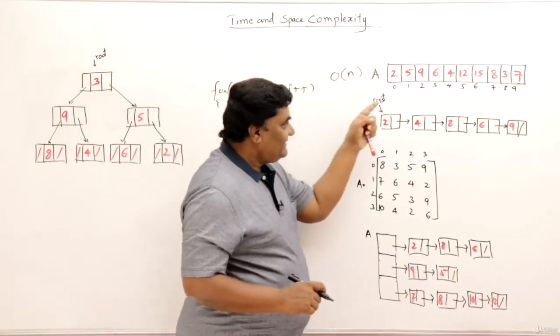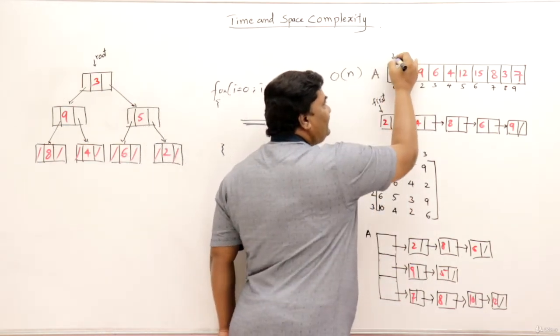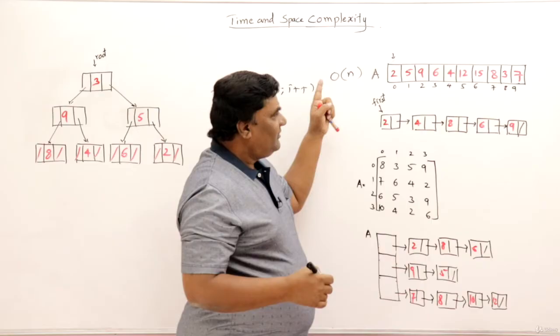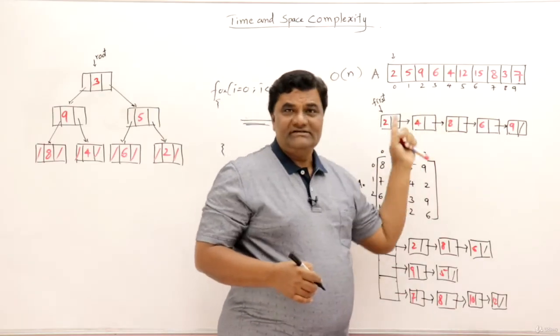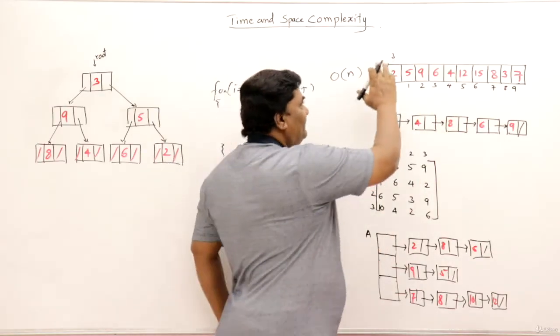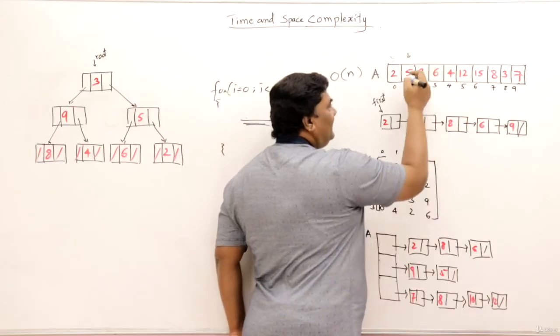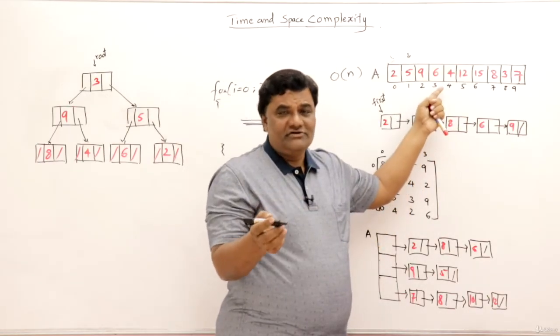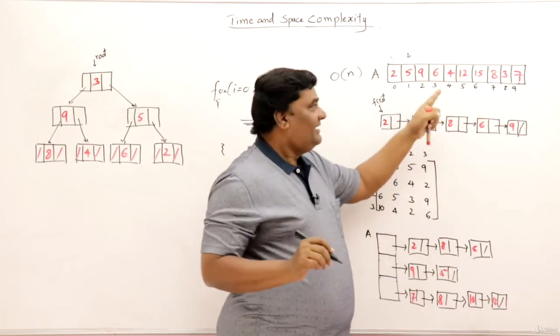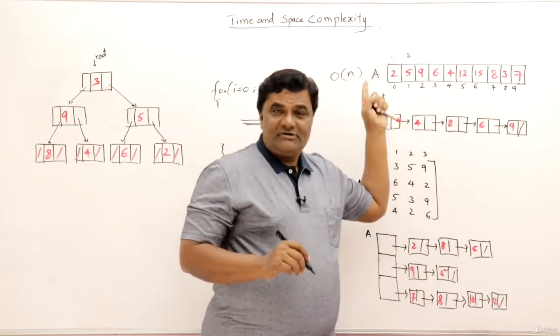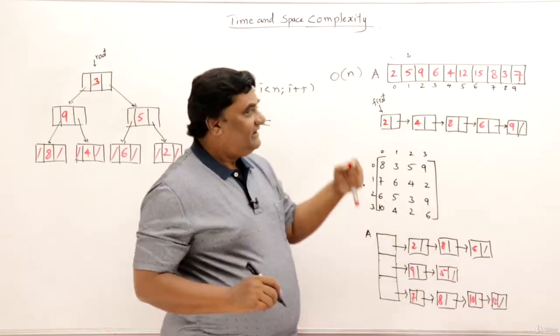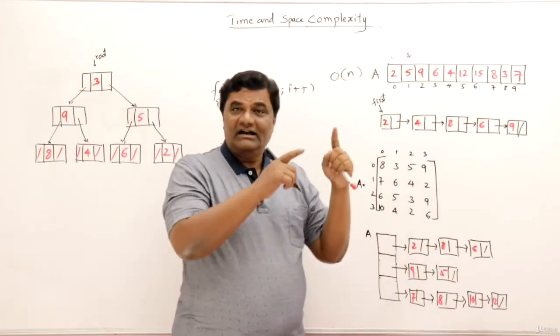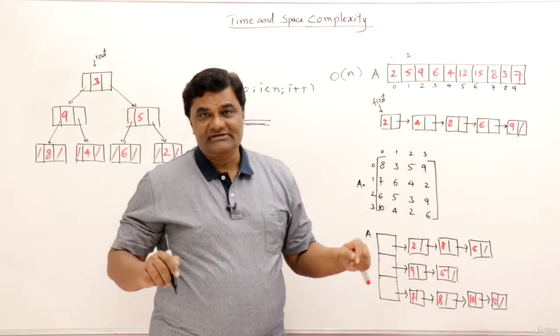See, in this list, suppose being on the first element, I am comparing or processing all other elements once. Then being on the second element, again I am processing all other elements. Maybe I am comparing for sorting purposes, whatever the purpose may be. This 5, I am comparing or processing with the rest of all the elements. Like that, for each element I'll be checking with all the rest of the elements.